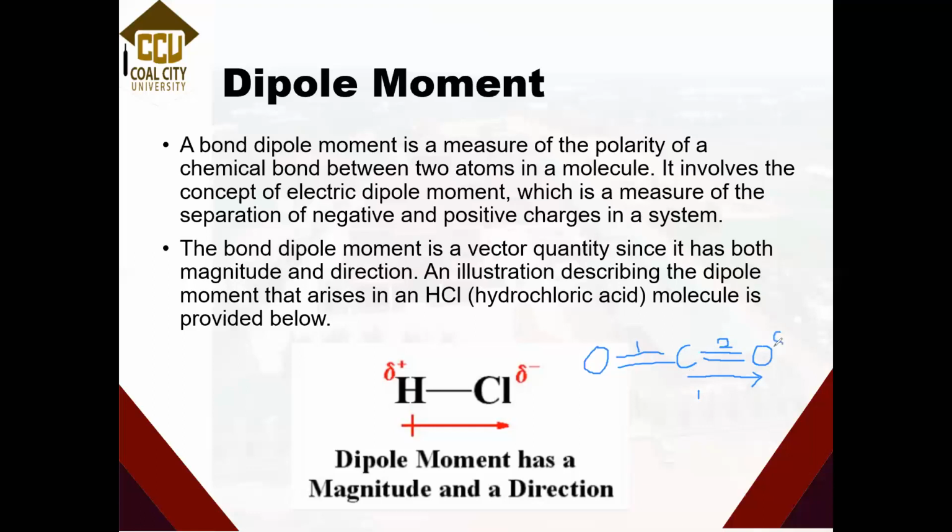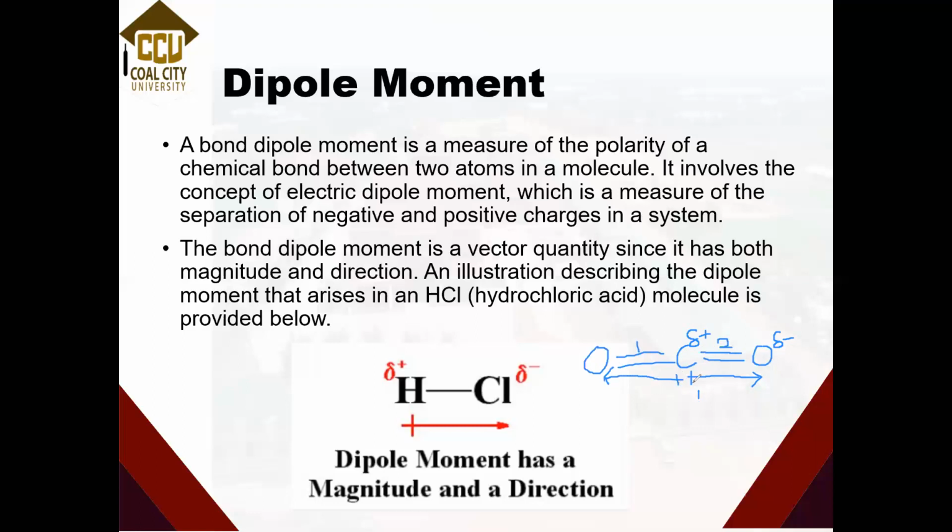The oxygen here has a partially negative charge, while the carbon here has a partially positive charge. Then at the tail, towards the positive charge, we represent it with a cross, showing it is positive. So the tail will be crossed, and then the arrow will face towards the negative charge. The same thing applies here. We are also going to have something like this, facing this direction, and then have a cross.